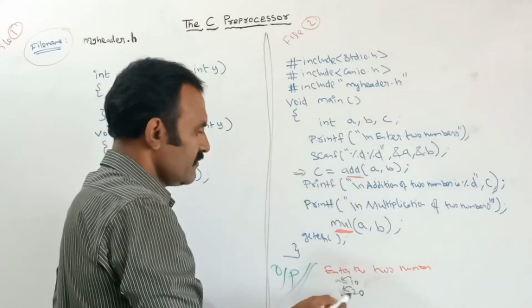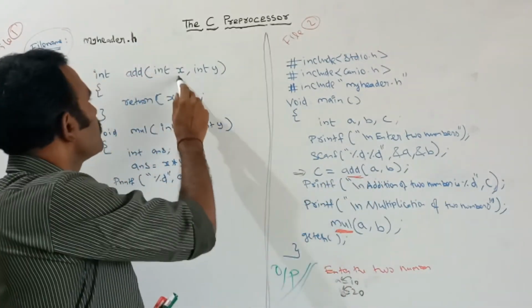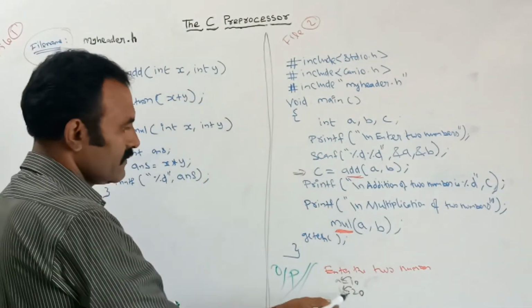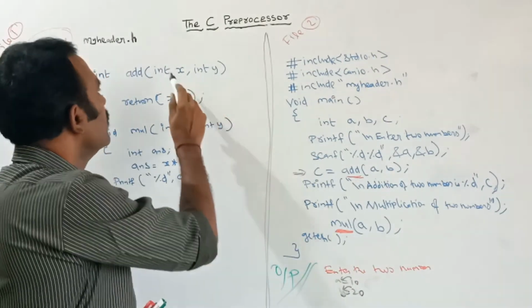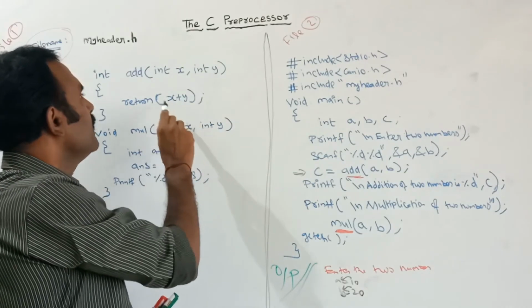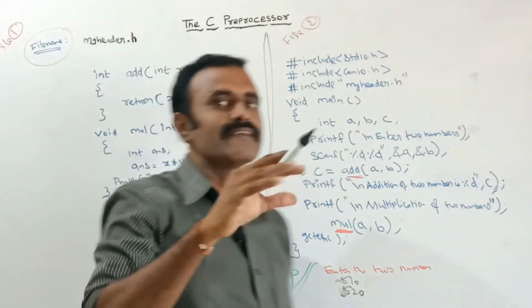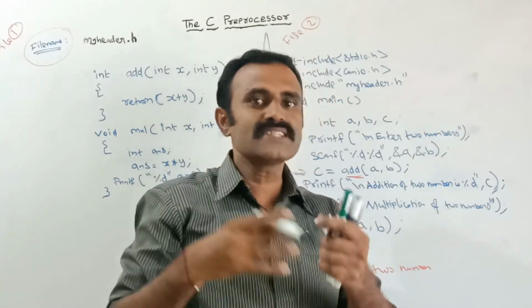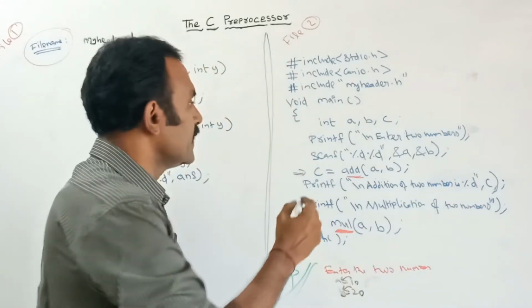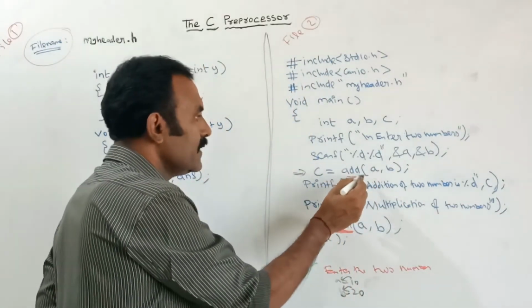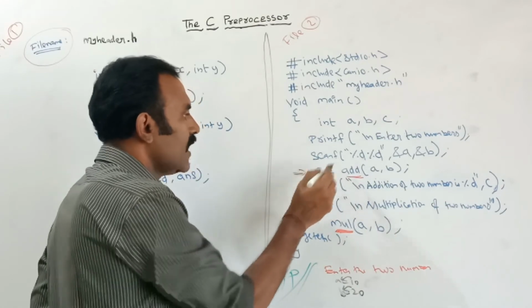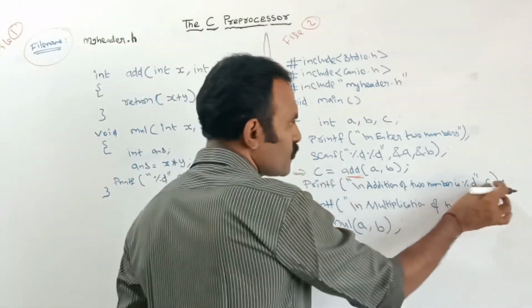So x has 10 and y has 20, and it returns 10 plus 20, that is 30. After adding the two numbers it returns that number, and the returned number is stored in c.